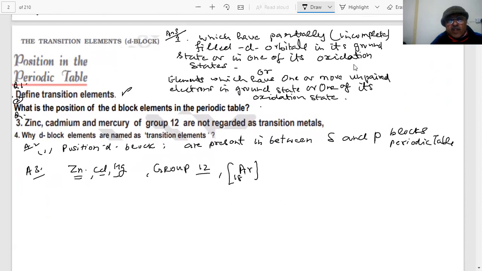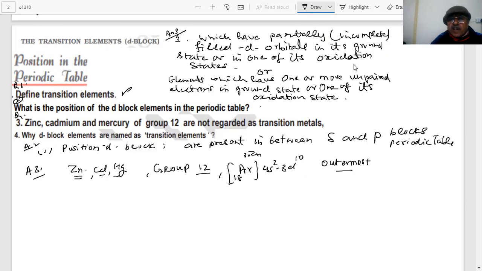But before that, if I have zinc, the atomic number is 30. Then the electron configuration will come to be 4s2 3d10. Electrons: 18 plus 2 is 20, plus 10 is 30. So in their outermost shell, it is completely filled.